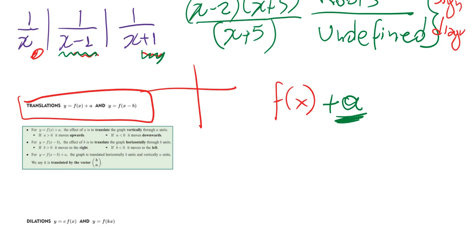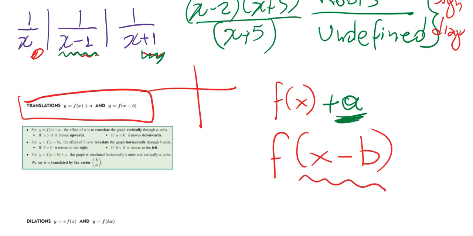So I can have the option where I'm adding a constant outside of the function, or I can have the option where I am subtracting or adding a number within the function. I hope you understand the difference. Yes? This is within the function.